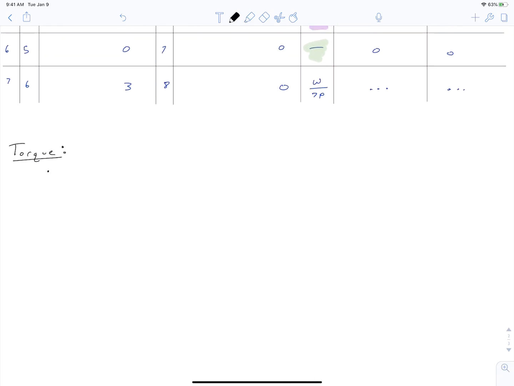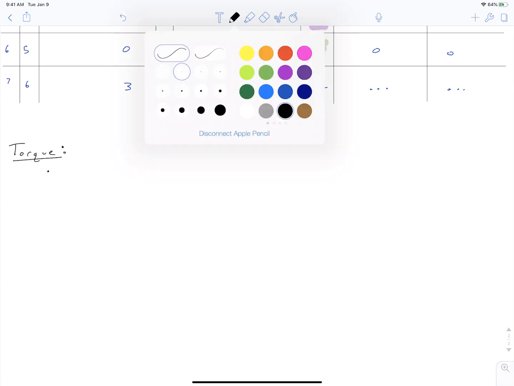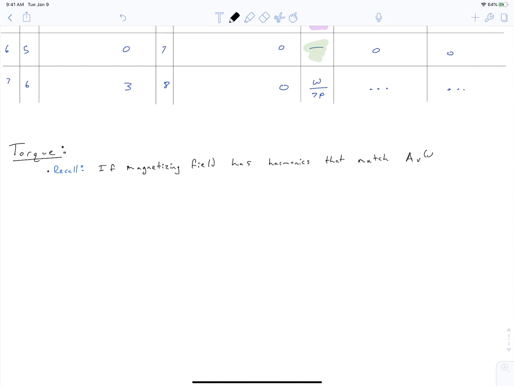So you can recall from our machine design sizing unit that we concluded that if the magnetizing field has the same harmonic component as our equivalent linear current linkage, we will create torque. And next, we concluded that the harmonics of our linear current linkage travel at different speeds.